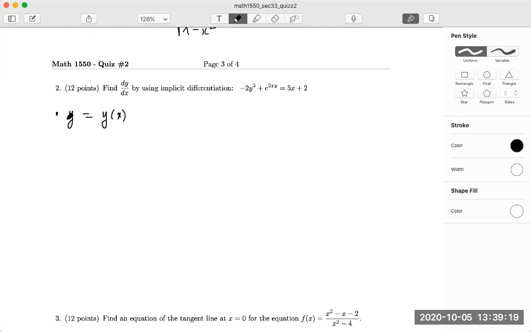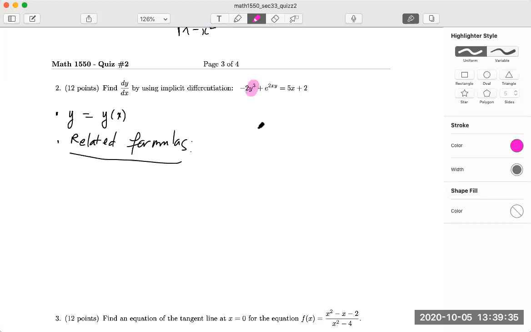Now, let us remind ourselves about all the formulas related to this, right? In your point of view, which formula should we use for these problems?